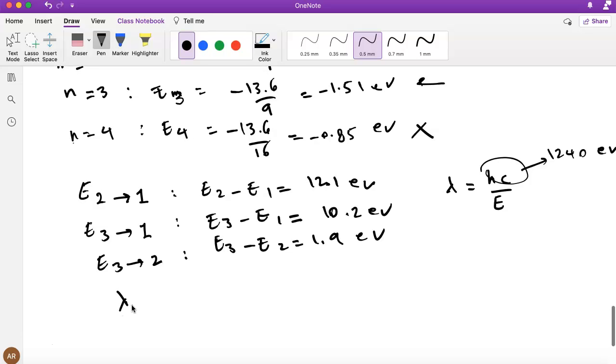So we find lambda 2, sorry, these should be switched, right? E2 minus E1 must be smaller than E3 minus E1. So let me correct that. So that's 10.2. And this is 12.1.